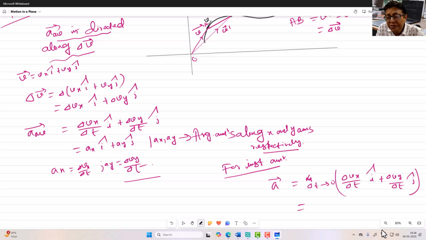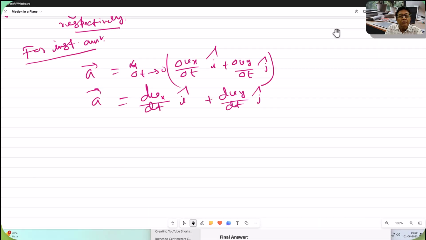So this is dvx by dt i cap, applying the derivative concept here, plus dvy by dt j cap. So by knowing the components of the acceleration, this component we can take ax and this one ay.